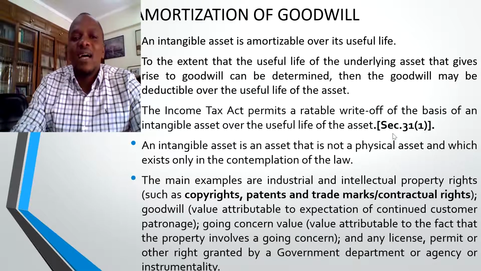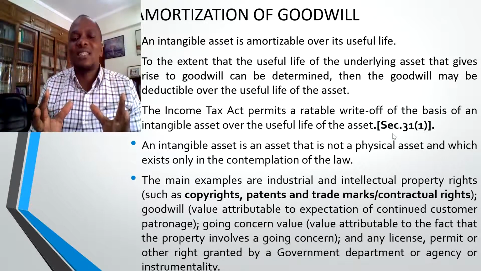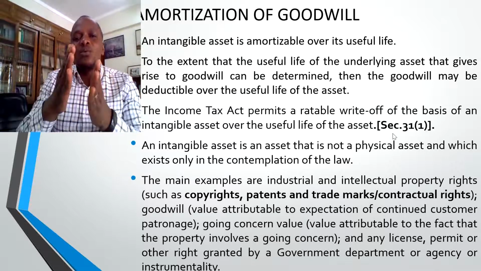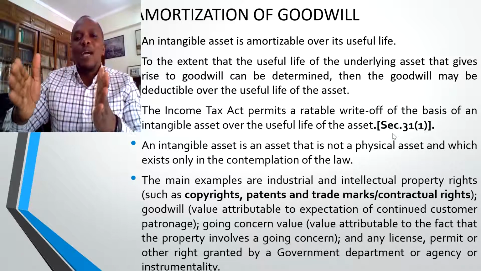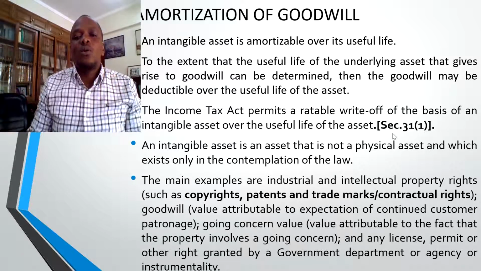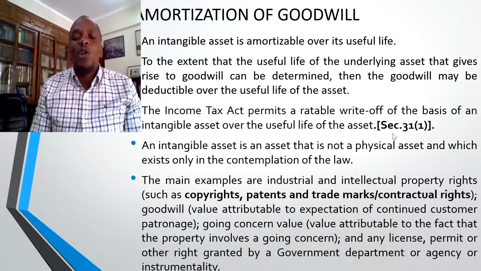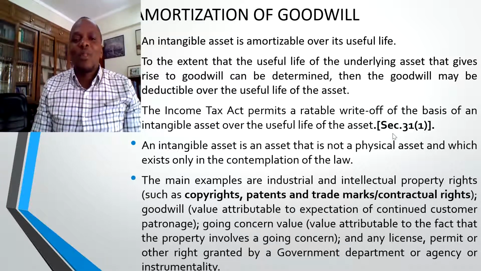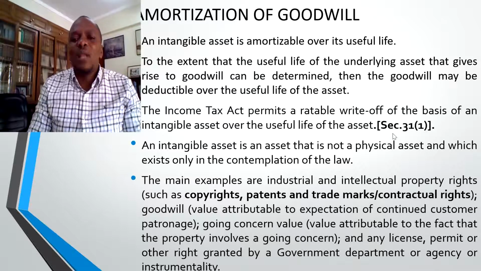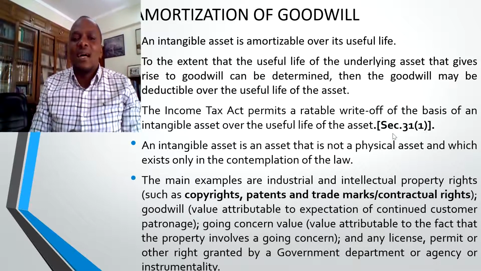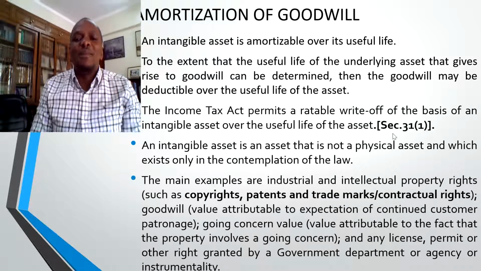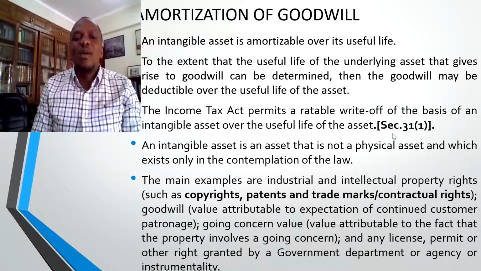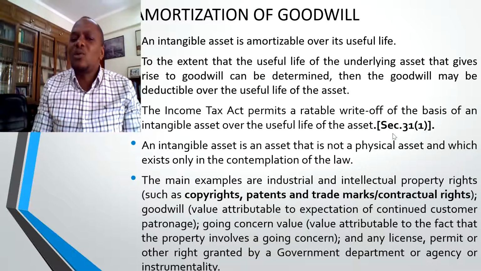Now, one, an intangible asset is amortized over its useful life. So we look at this intangible asset and then we look at how useful it will be and for how long, so that we get a formula on how to calculate the allowable deduction. To the extent that the useful life of the underlying asset that gives rise to a goodwill can be determined, the goodwill may be deductible over that particular useful life.